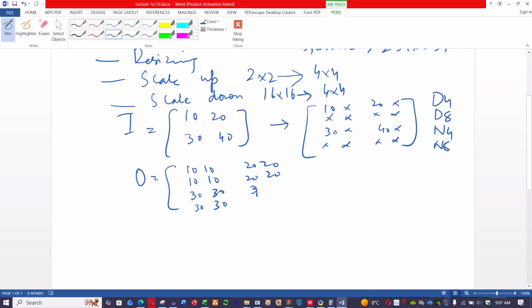So we are just copying the pixels based on the nearest neighbor. This is what we would be getting out of it.